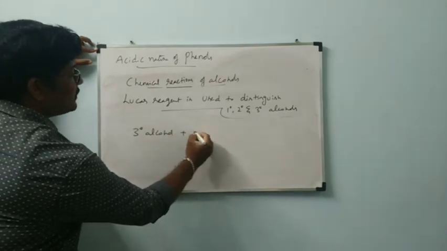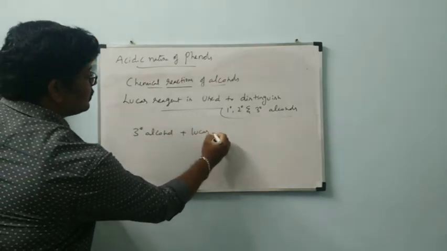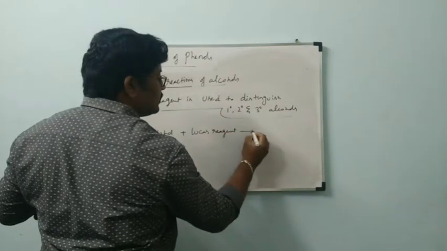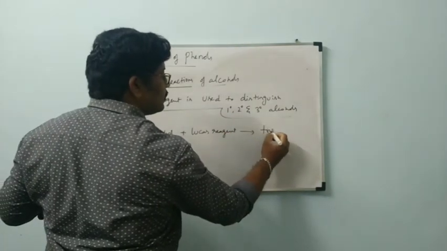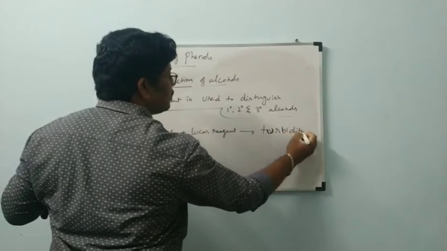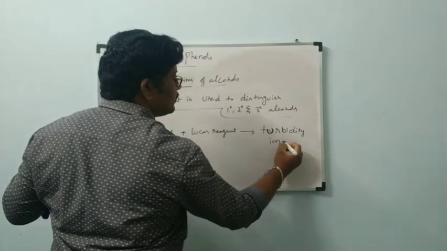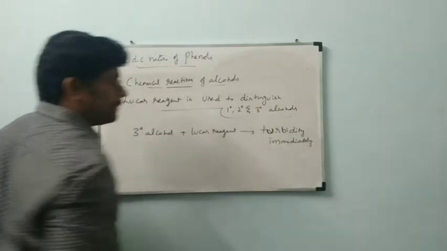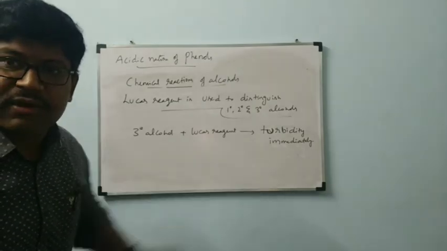Tertiary alcohol reacts with Lucas reagent to form turbidity immediately because the reaction is fast.